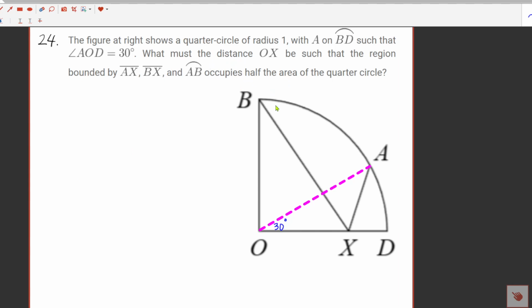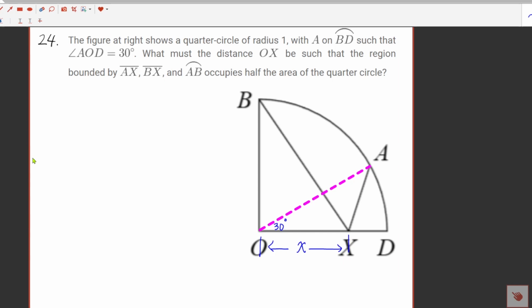What must the distance OX be such that the region bounded by AX, BX, and arc AB occupies half the area of the quarter circle? Okay, in order to facilitate our discussion, we could let OX be length x here.